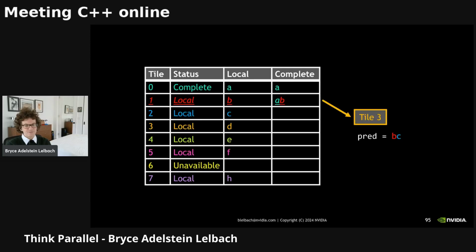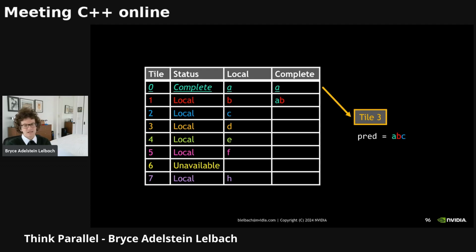Now notice here that tile 1 has actually written its complete prefix, but we haven't observed the state change yet. Its status is still local, so we can't actually use it even though that has temporally already happened. It's not visible to us under the memory model. Instead, we sum its local prefix into our predecessor prefix.